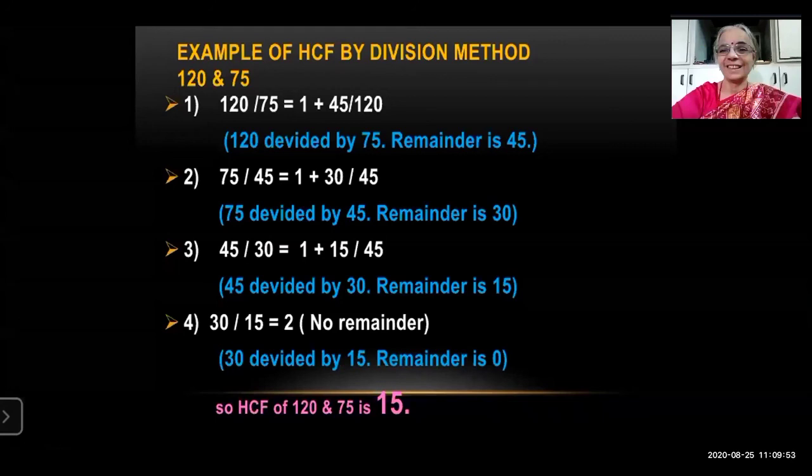Otherwise, if it is only given, find the HCF, and the numbers are given, children, you can do any method which you can do faster and with perfection, which you like.